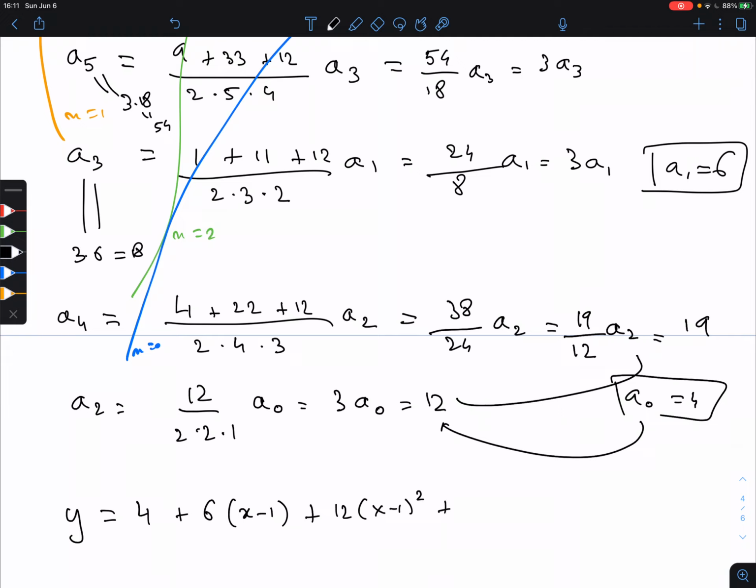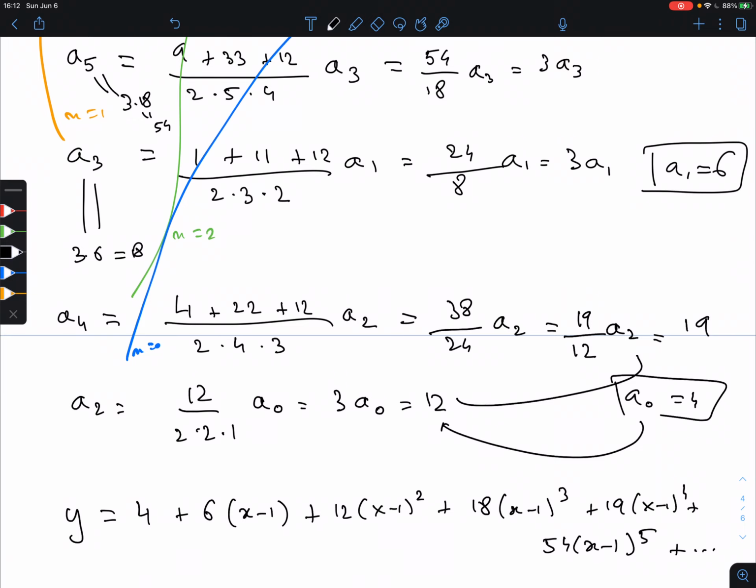Plus A3, that was 18, plus 18 times (x minus 1) cubed. What else? A4, that was 19, plus 19 times (x minus 1) to the 4th. Plus A5 was 54, plus 54 times (x minus 1) to the power 5. And then, of course, I should write dot, dot, dot, because there are higher powers. And in principle, I can find as many as I want.